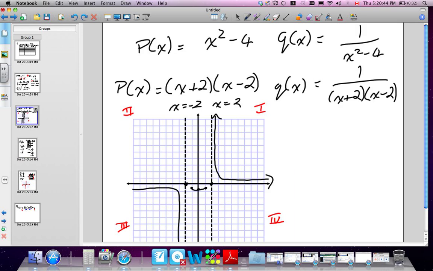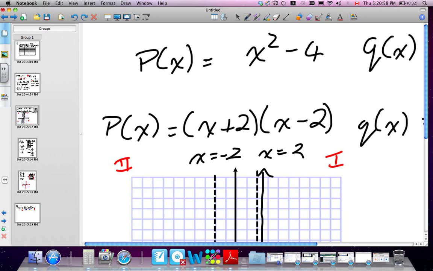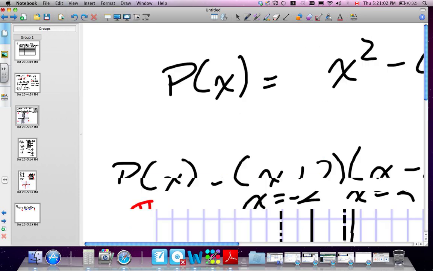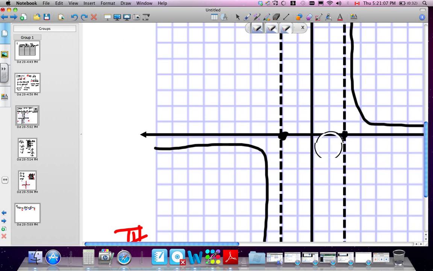So let's look at our graph. It'd be better if we could zoom in. Let's get right down there. Okay, so this makes a little more sense.